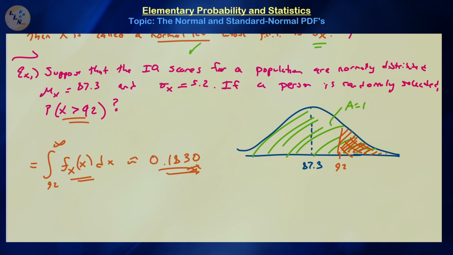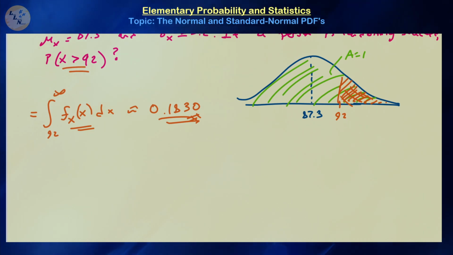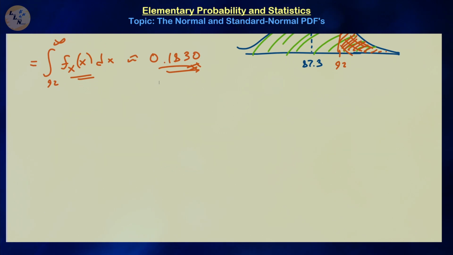Tables can give you these things if you don't have access to a calculator or Desmos. But as long as you have some way of evaluating these, because normal distributions do not have an elementary cumulative density function like the exponential did. So you would have to have a calculator or Desmos, or some other method to get these areas under the curve.